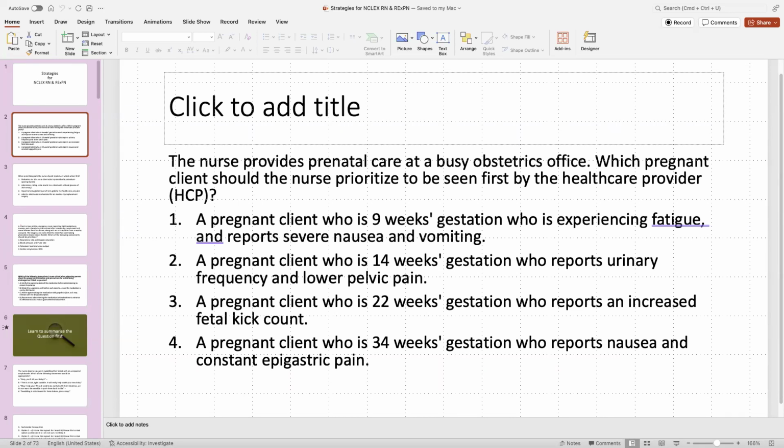Today we are going to start with two important things. One is how to read the question and how to summarize the question, and the next is how to eliminate the options and how to reach the answers.